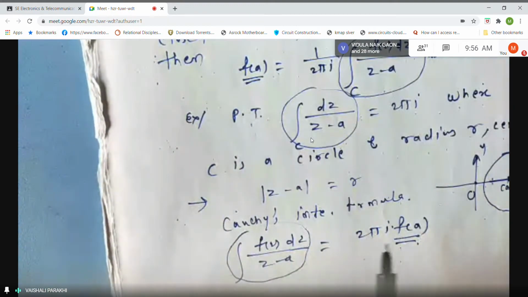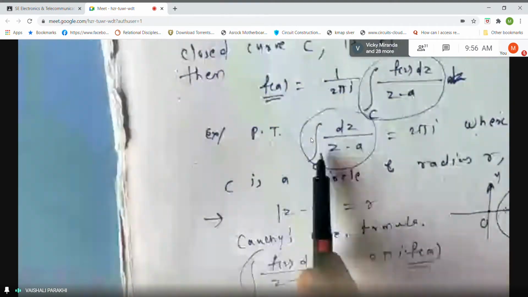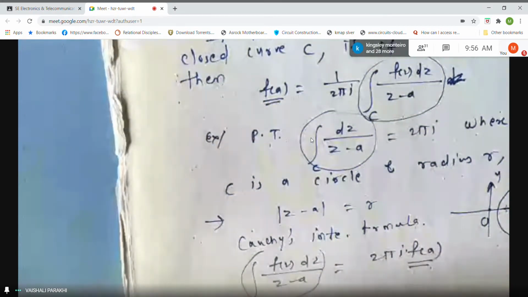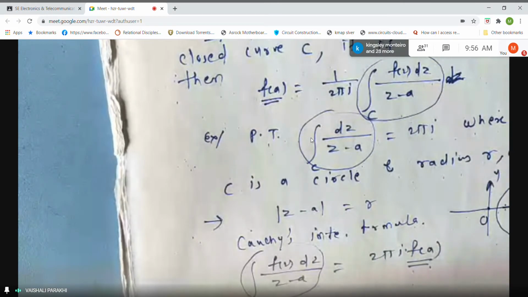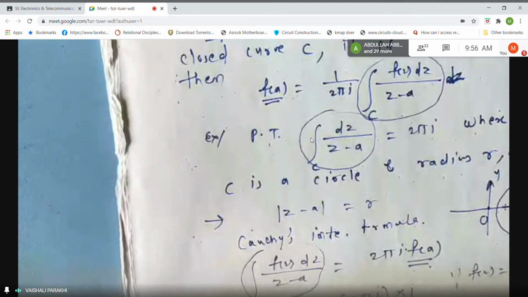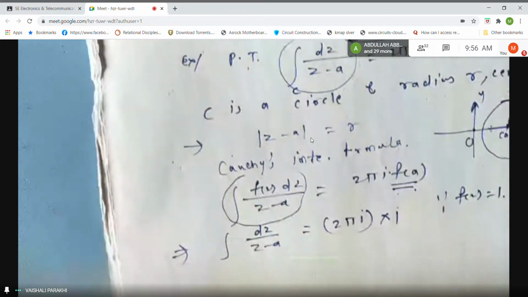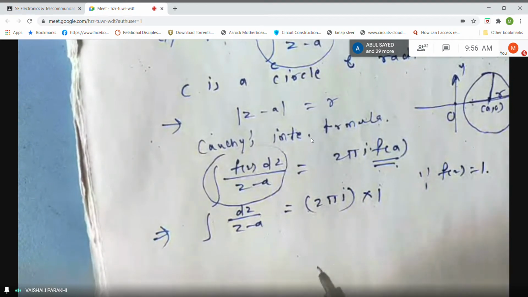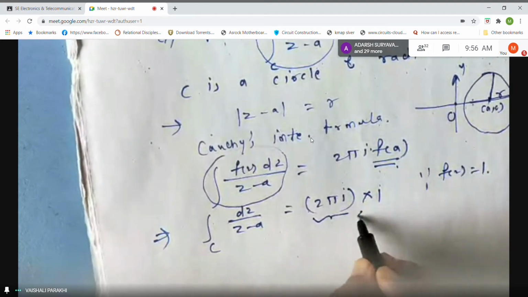So here f of z is nothing but 1, because there is no coefficient of dz in our problem. So the integral of dz divided by z minus a is equal to 2 pi i into 1, as f of z is equal to 1. Means f of a will also be equal to 1. When you replace z by a, you will get 1. And therefore, the answer for the problem is just 2 pi i.